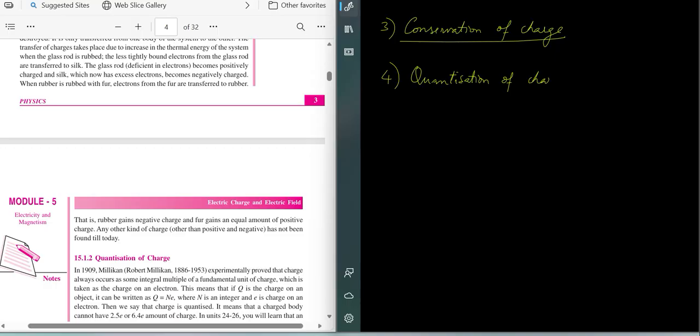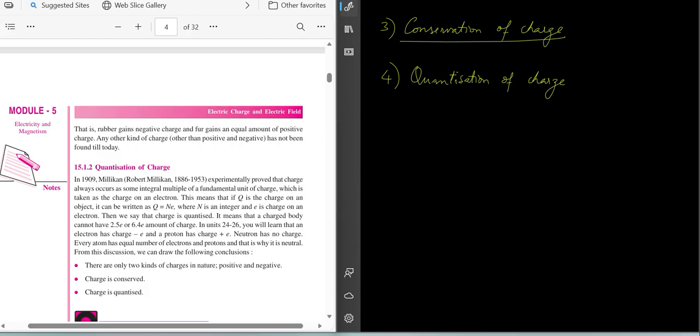Quantization means when we consider charge on a body, let us say a charge on a rubber rod after being rubbed with wool or fur, it is always an integral multiple of the basic charge. It may be 2 times, 3 times, 4 times. What is this basic charge? It is e, and its magnitude is 1.6 times 10 raised to minus 19 coulombs.